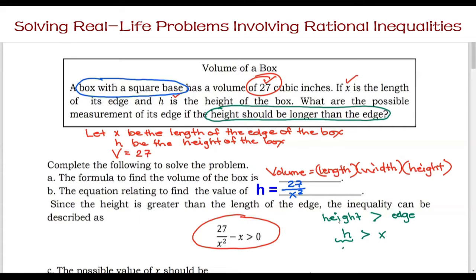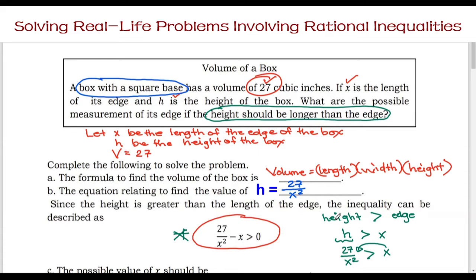We are going to have 27 over x squared greater than x. And then finally, you transpose this x to the other side. You will have 27 over x squared minus x greater than 0. That's where this inequality came from.